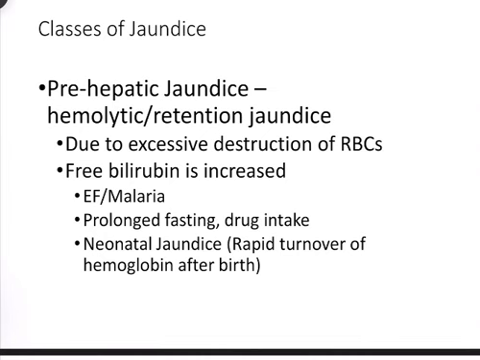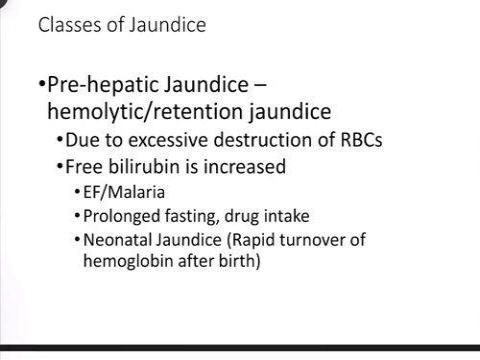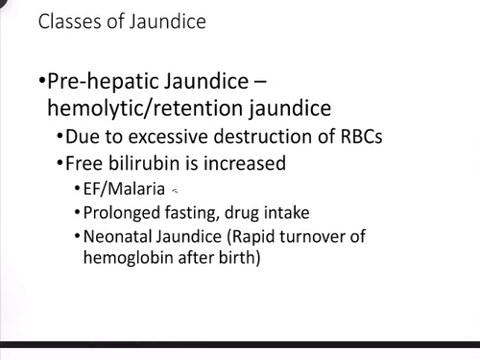Then also, prebilirubin is increased in the plasma. That's why it is also called retention jaundice. Other factors that can cause prehepatic jaundice is malaria, which destroys your RBC.